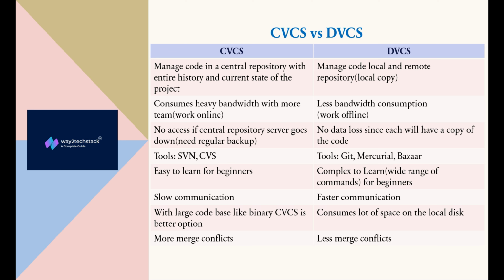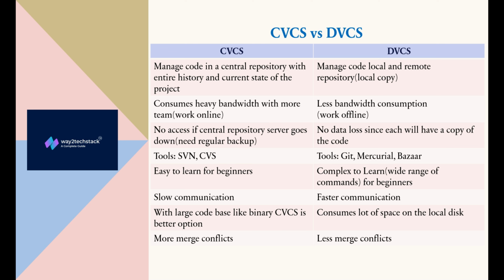The entire changes you have done, that versioning and history, is entirely stored in the centralized server. Whereas in DVCS, it is stored in the remote as well as in the local. Because you will have another copy in your local system of the entire revision history of the files. That is the advantage we have with DVCS.